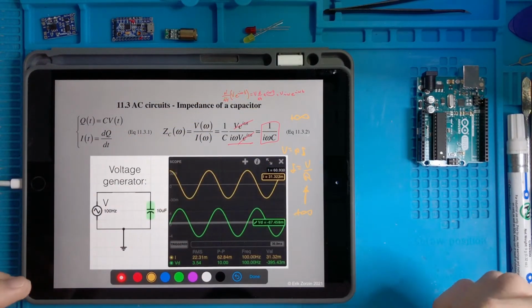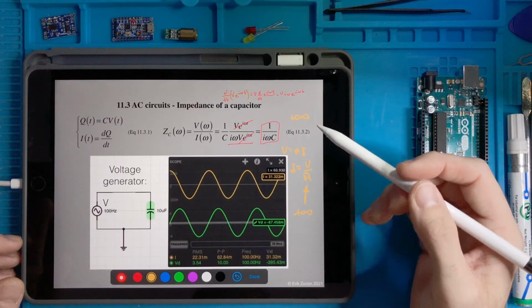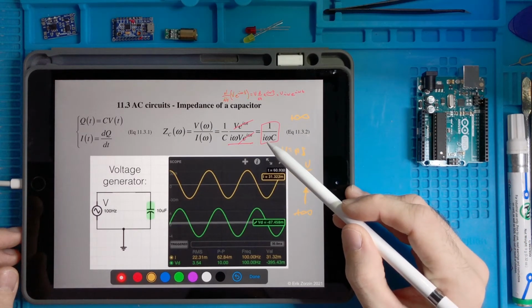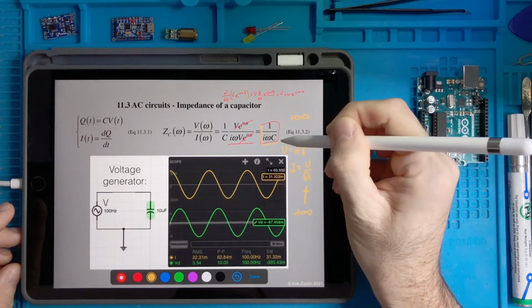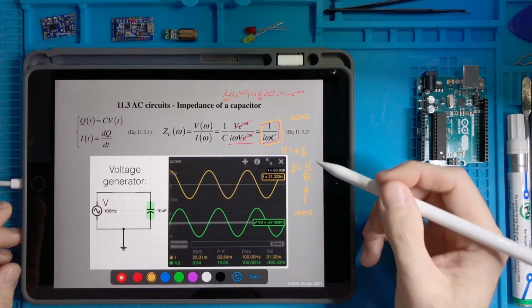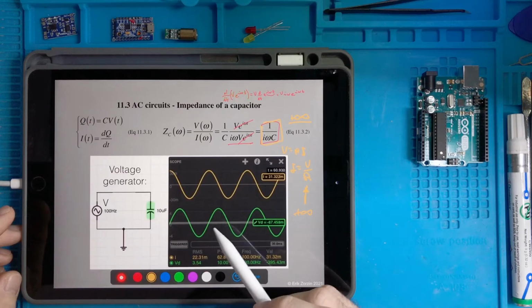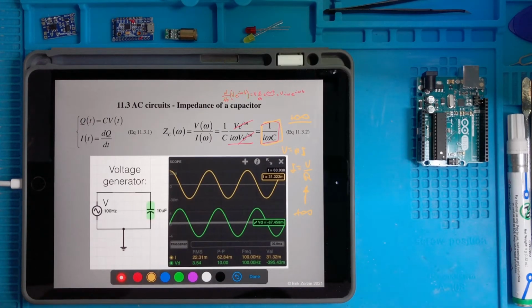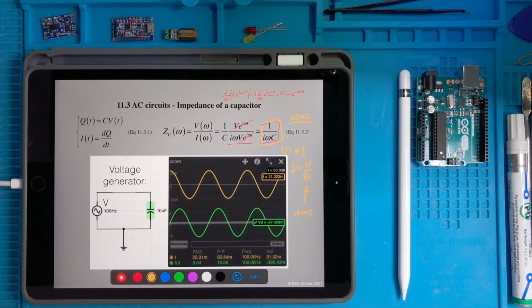The thing that we probably don't expect as readily is that if we make omega very big, then this ratio tends to 0 instead of tending to infinity, which means that for high frequency a capacitor is a kind of short circuit. So we have to be careful when we design circuits with capacitors at high frequency, because we have to remember this.